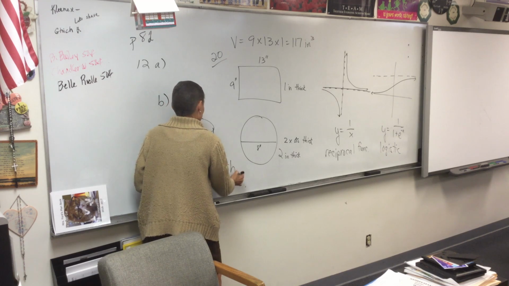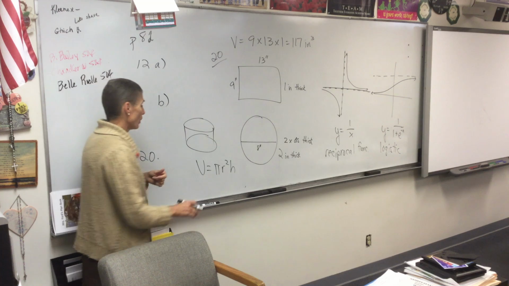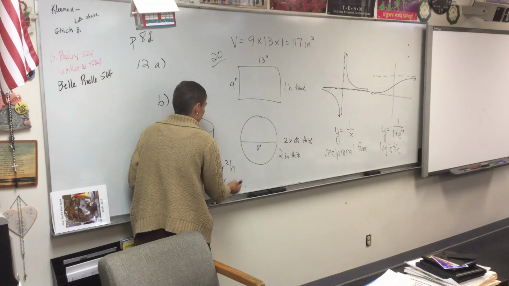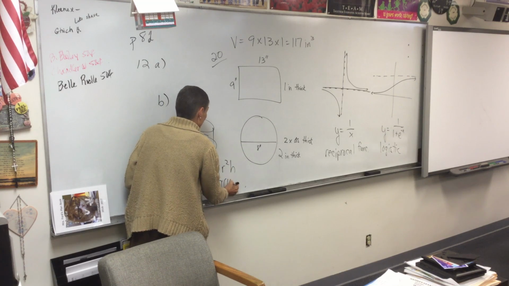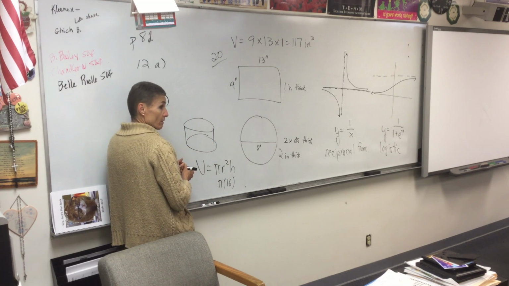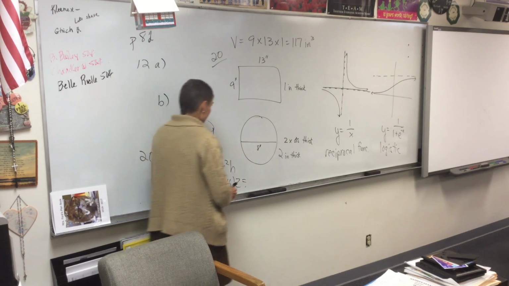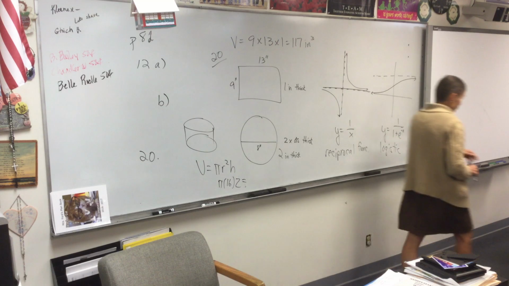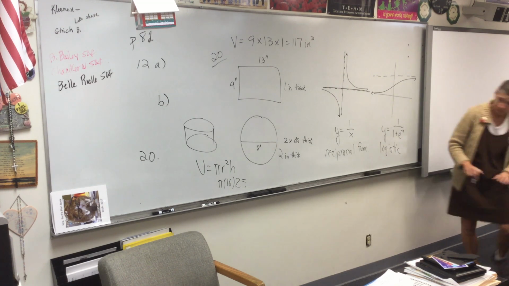V equals pi r squared h. What's my radius? No, that's my diameter, so it would be 16, 4 squared. My height's 2, and if I type in 32 pi on my calculator, it's 100.5.